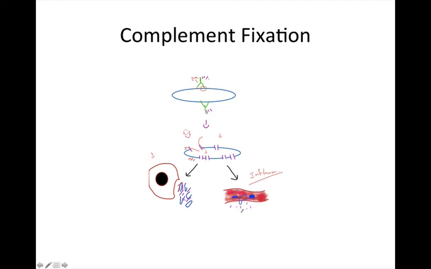That's important because when you think of autoimmune diseases, that's part of why some of them behave the way they do. We can produce autoantibodies, auto meaning self, antibodies against self-antigens that will activate complement, except complement will attack our own tissues instead of foreign tissues.